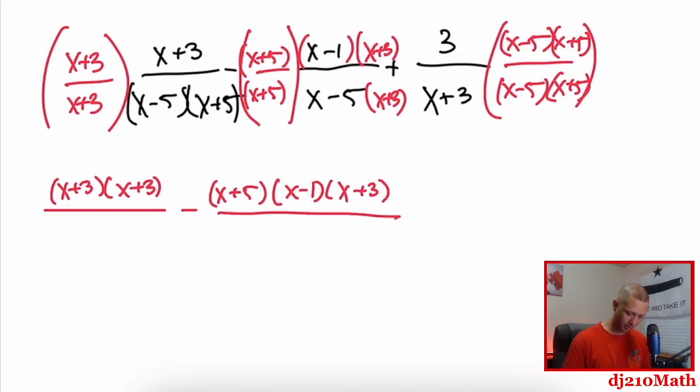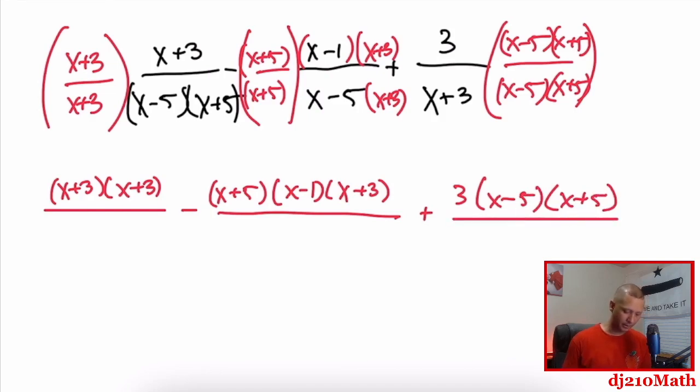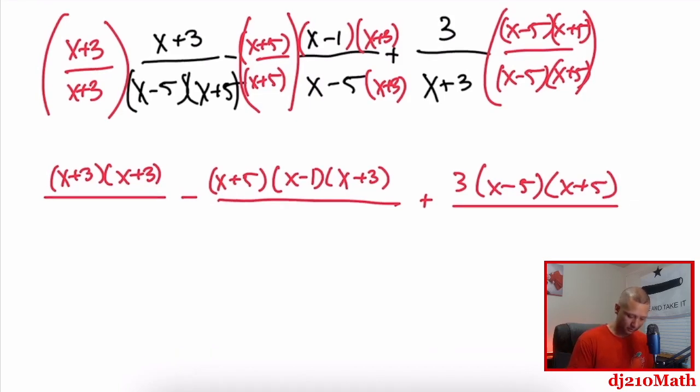I'm literally just rewriting what I have up top. All right, I'm going to be lazy and not write the denominators. The denominator is going to be x plus 3, x minus 5, x plus 5. All right, we're going to have to expand all this out and combine like terms. So x squared plus 3x plus 3x plus 9.